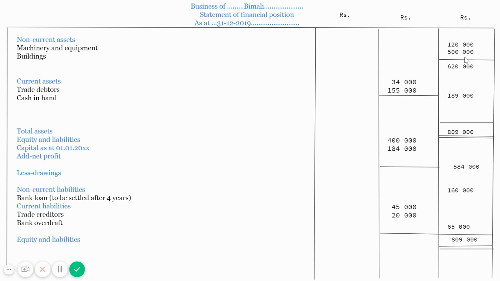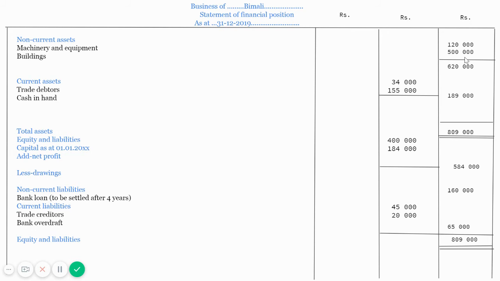Then they said bank loan to be settled after 4 years. This information given within brackets and other relevant information are very, very important for us when we are doing this kind of sums. So when it says to be settled after 4 years, that means it will exist for more than one accounting period, 4 years time.